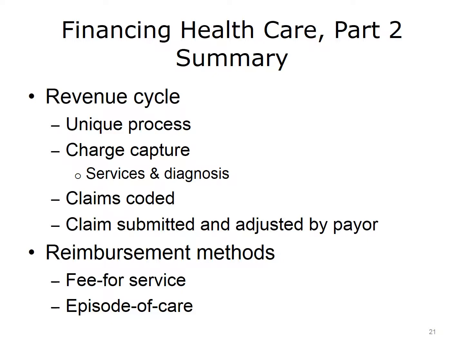In summary, the revenue cycle for healthcare organizations is a unique process that requires submission of medical bills or claims describing the services provided. During the preparation of claims, information about the type of medical service, the diagnosis associated with the service, and the fee for the service is gathered and coded into a claim using standardized codes.